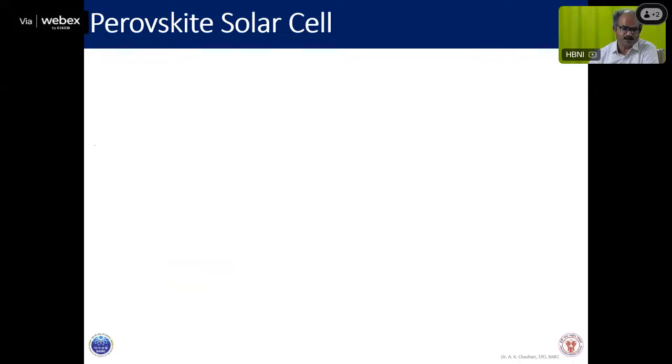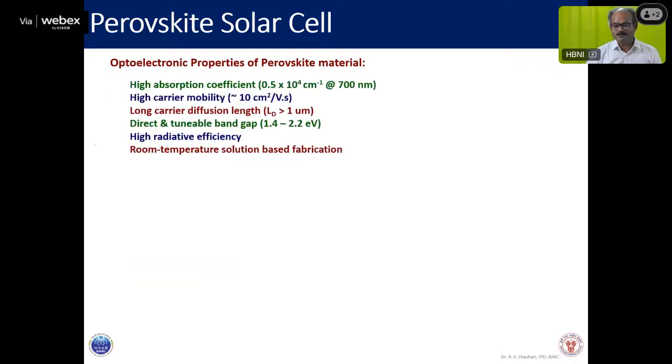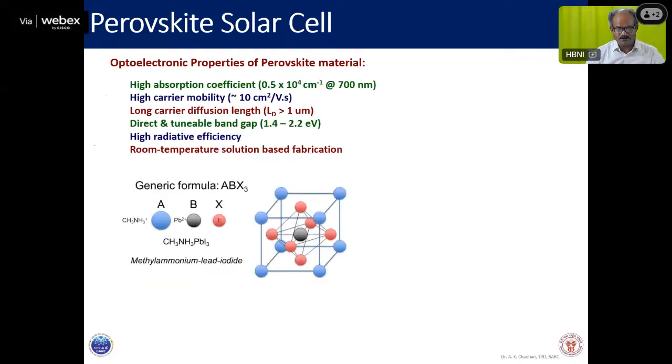Now next comes the perovskite solar cell. To explain it in the easiest way, it is in place of the dye. Actually, the discovery of perovskite cells happened like that. People were doing experiments in DSSC, and in place of dye, they used a material with a perovskite structure.